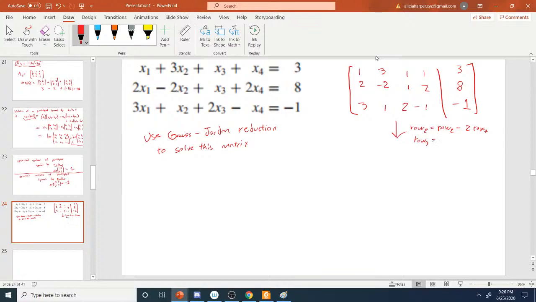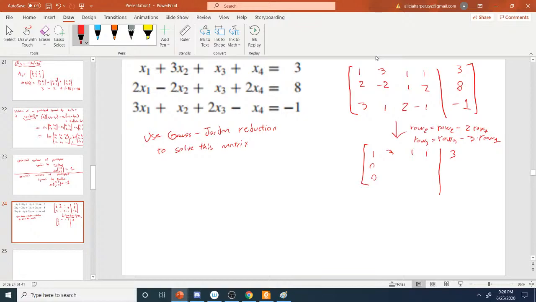And I'll also set row 3 to be equal to row 3 minus 3 times row 1. And if I do that, I will use this 1 right here to cancel out this 3 right here. So I get 1, 0, 0 here, 3, 1, 1, 3 here, and now I have to figure all these other entries.